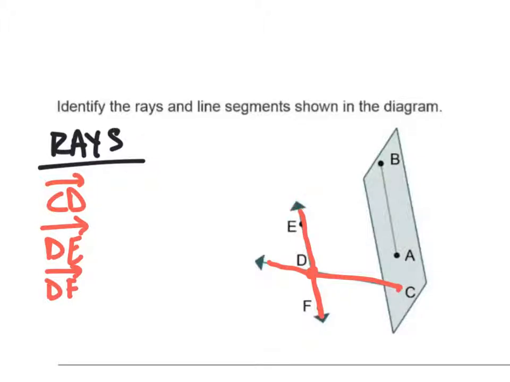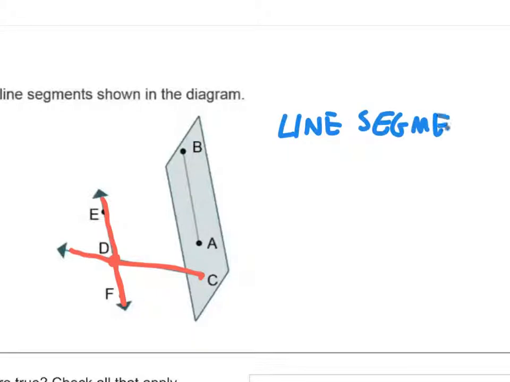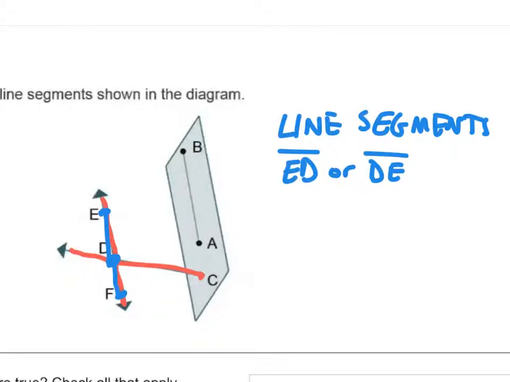Now if I wanted to describe the line segments, I have line segment ED, or you could write it as DE. They mean the same thing. You could say line segment DF, or FD.